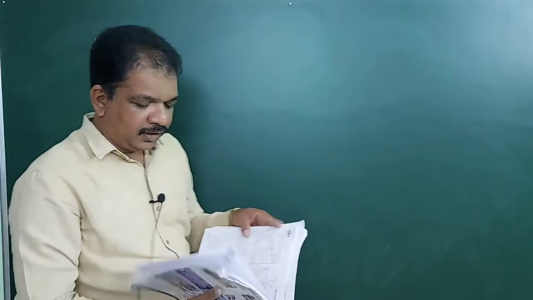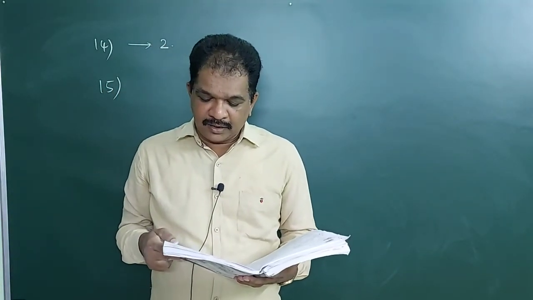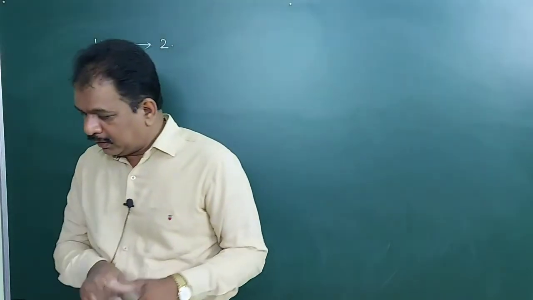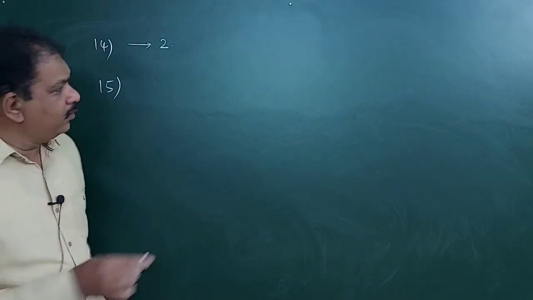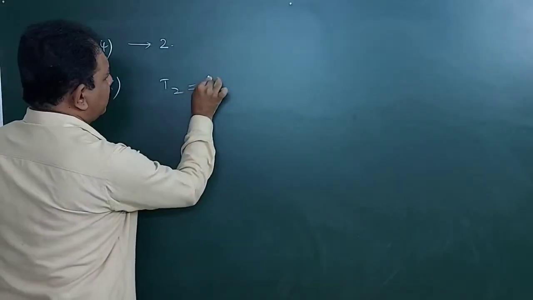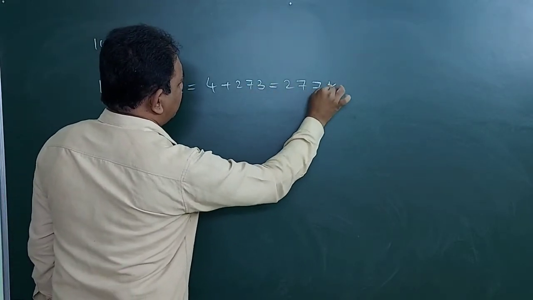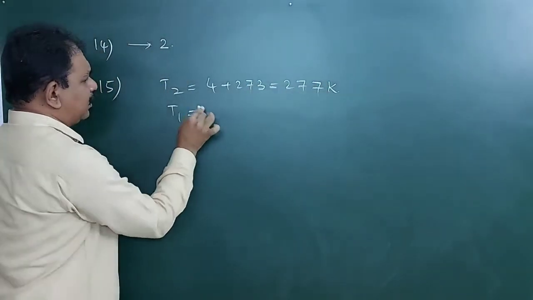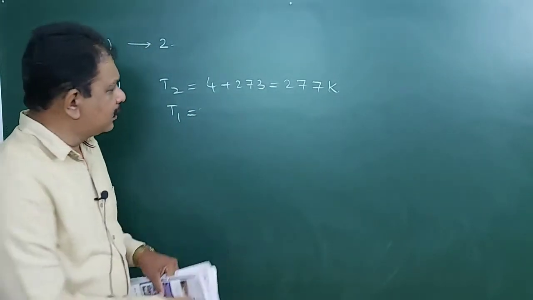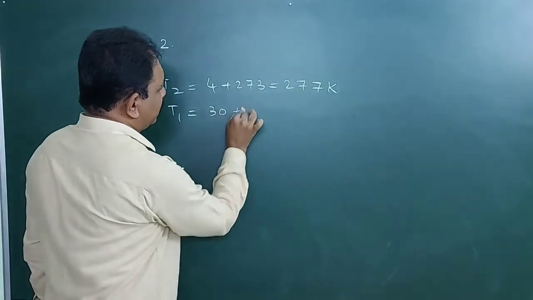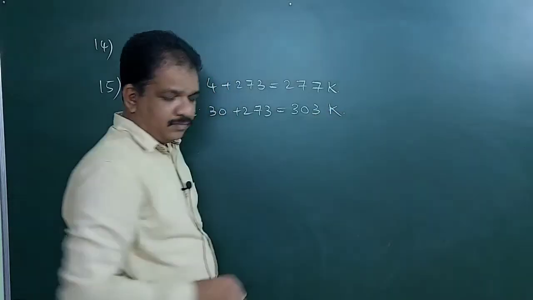Next, 15. A refrigerator works between 4 degrees centigrade and 30 degrees centigrade. So the T2 value will be 4 plus 273, 277 Kelvin, and the T1 value will be 30 plus 273, this is 303 Kelvin.